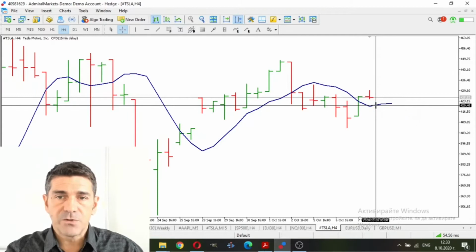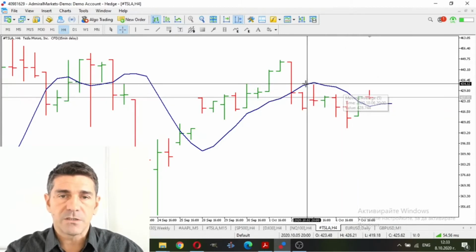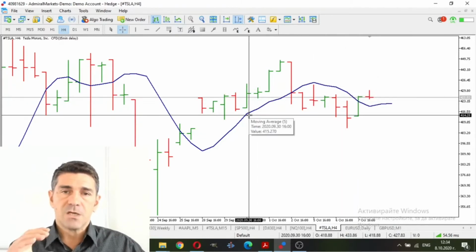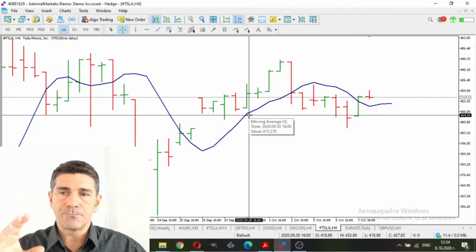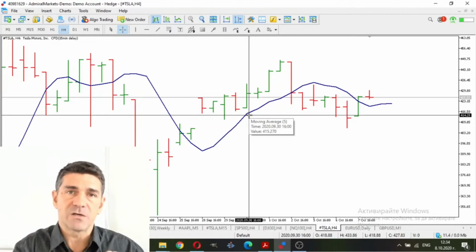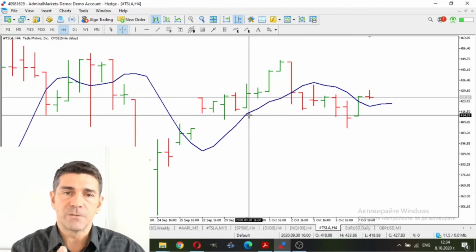The previous period it was here, etc. So that is the moving average. It just calculates the average price of the last n bars. N bars depends on the period of time that you have chosen.